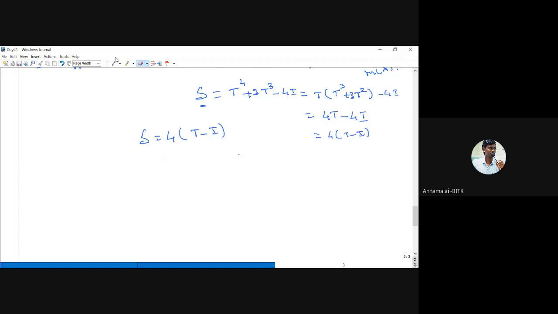So from this we can say that lambda equal to 1. We know that the determinant of T minus I should be 0, because already we know that lambda equal to 1 is a root, an eigenvalue of this one.